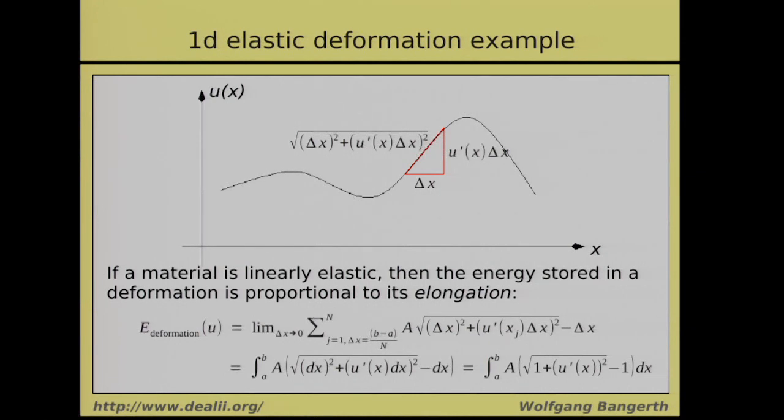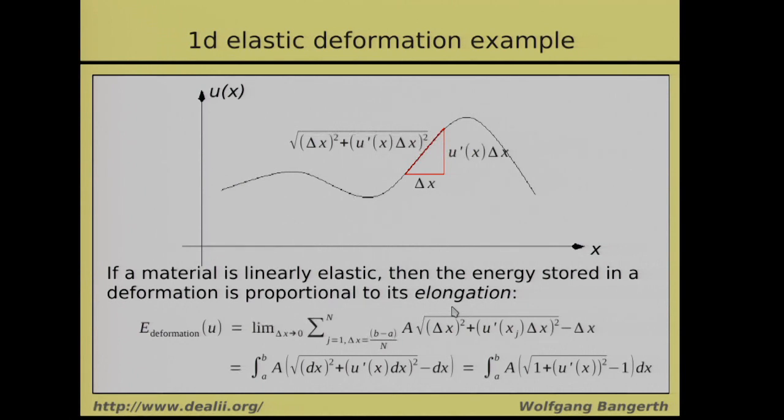From a modeling perspective, we can say that the energy stored in the deformation of this rubber band has something to do with the elongation. I'm going to assume that it is proportional to the elongation. That is, again, some sort of approximation that the elongation is not too large. This is what's called Hooke's law. Hooke's law says that the energy stored in an elongation is proportional to the elongation.